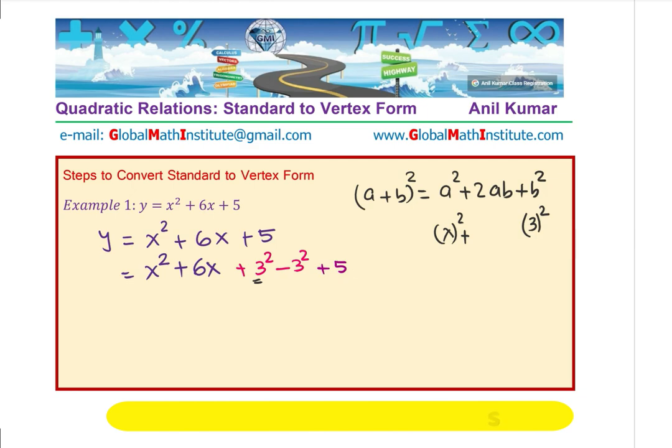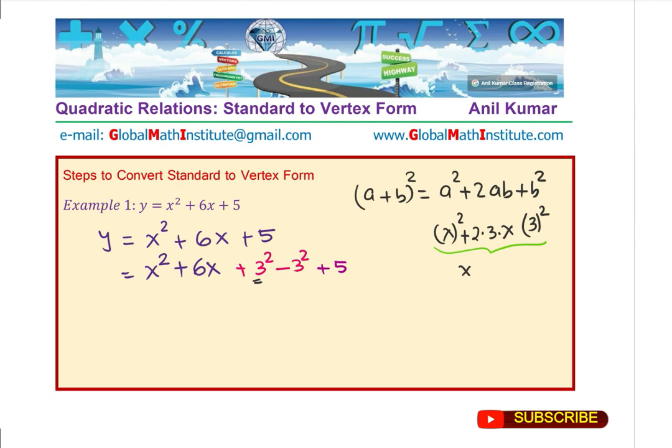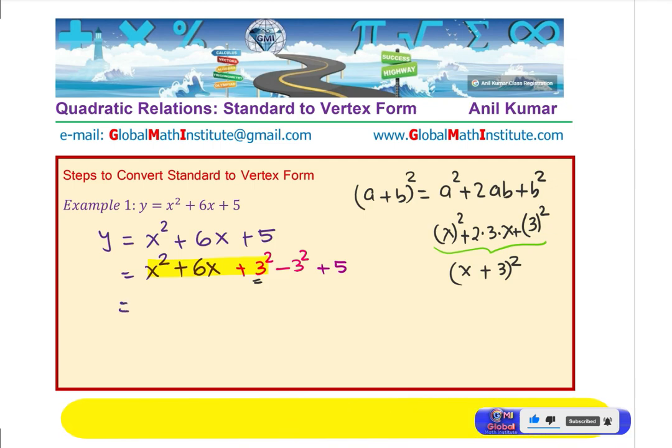You can get 6 by 2 times 3 times x. You get the idea. Therefore these three terms can be written as (x plus 3) whole squared. So basically, this trinomial can now be written as a perfect square, giving us (x plus 3) whole squared.